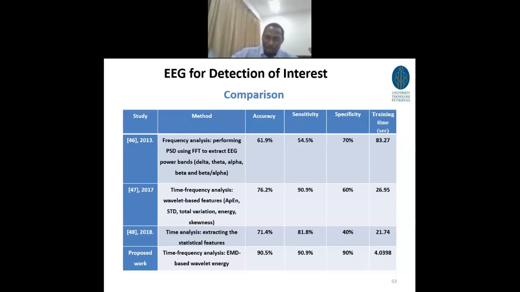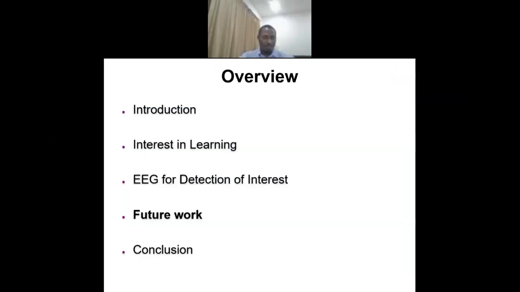For us, we consider up to 40 students, which is quite reasonable in a classroom, although in some conditions you may have a lecture hall with more than that. But at least for the proof of concept, we consider that 40 could be a good number. We try to do it in a real class setting where the students are learning a particular topic and we are taking the EEG at the same time. By comparison, we are still getting good results compared to the previous works that have used different methods.